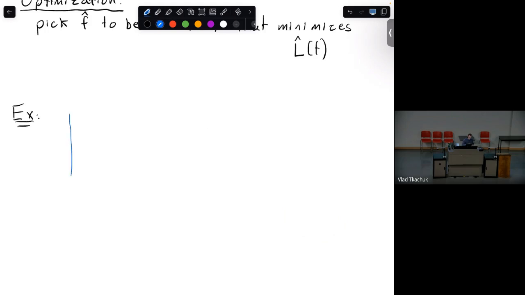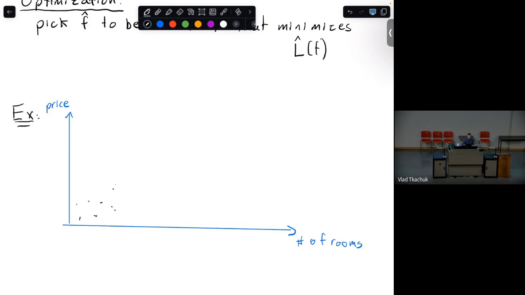So we do the house example again. Suppose we had the number of rooms here, and here we had the price. Well, then if we saw a bunch of data, something like this, right?